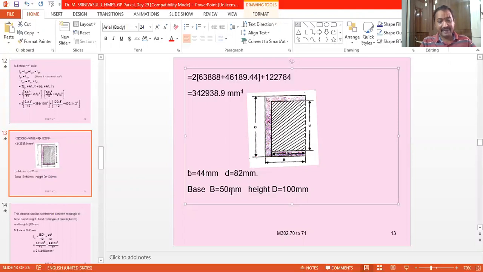For the bigger rectangle, the width is 50 and the height is 100. For the smaller rectangle, the width is 44, and the height is the total height 100 minus 9 and 9, so minus 18, which becomes 82. So b is equal to 44 and d is equal to 82 millimeters.